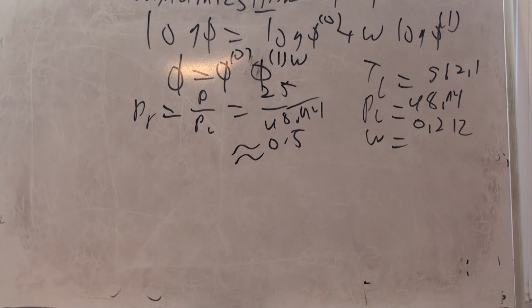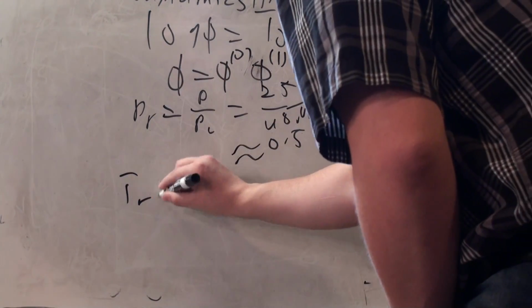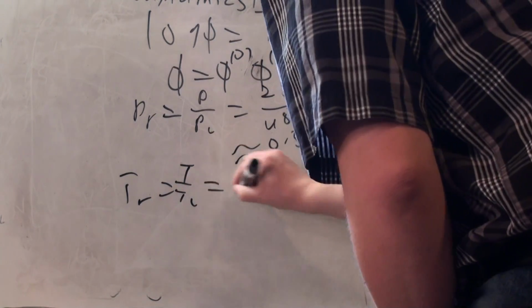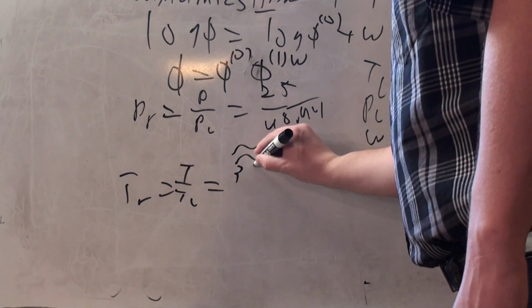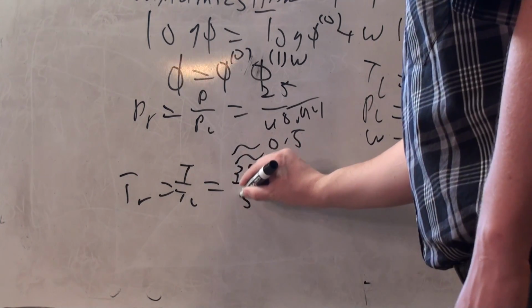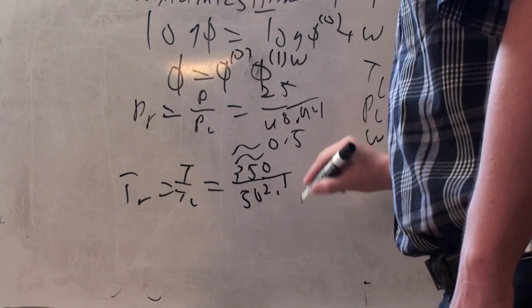Or the test. Okay, reduced temperature: T reduced is equal to T over Tc. I said it's 350 K, and then we got that. So 350 divided by 562.1.